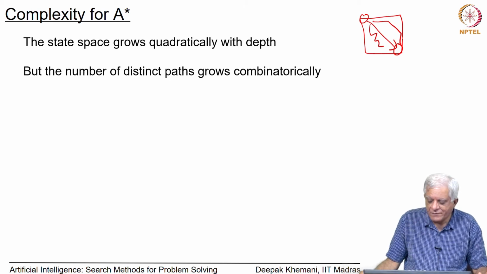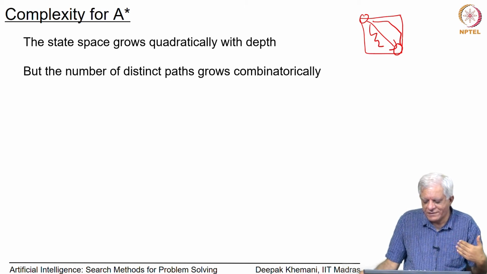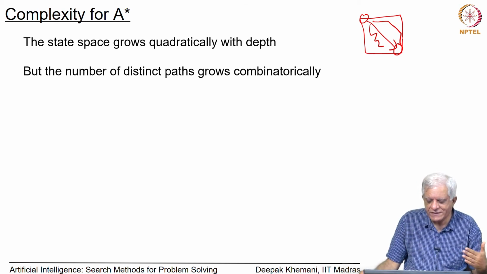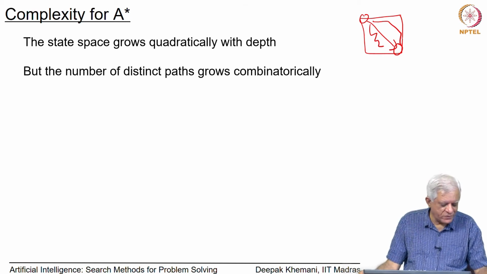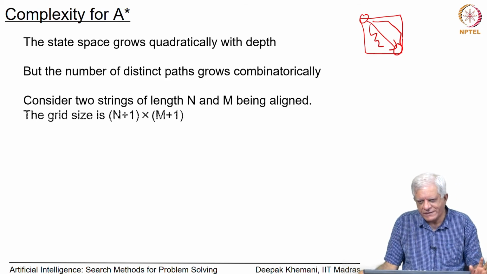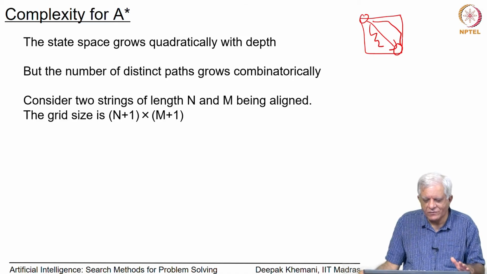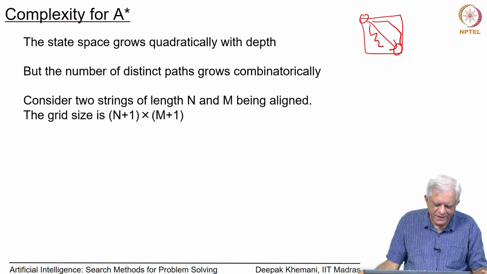That is the problem here, that there is a combinatorial explosion of the number of possibilities that you can explore in terms of the paths which are going from the top left to the bottom right, even when the condition is that you can only move to the right or to the bottom, or you can move diagonally.